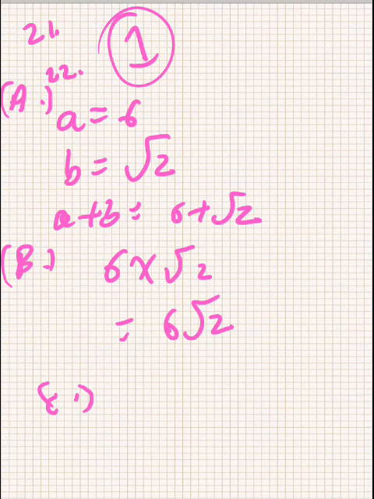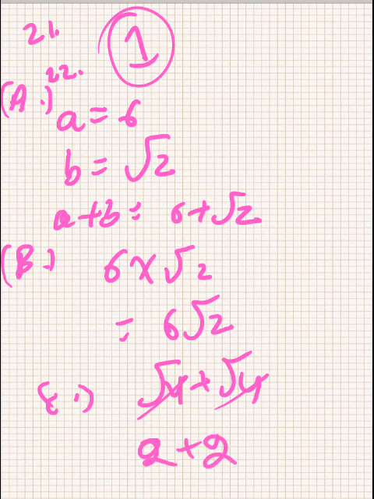So let's say root 2 plus root 2 can be rational, right? I think root 4 can be taken. First of all it will be 2 plus 2, right? It will be 4. So yeah, it's possible that it can be rational.